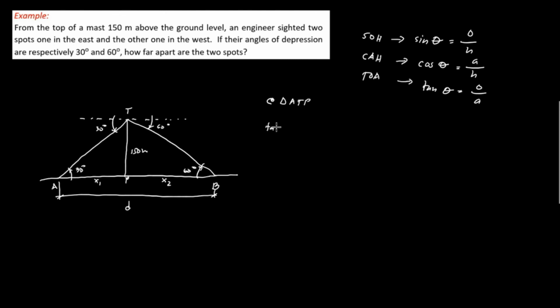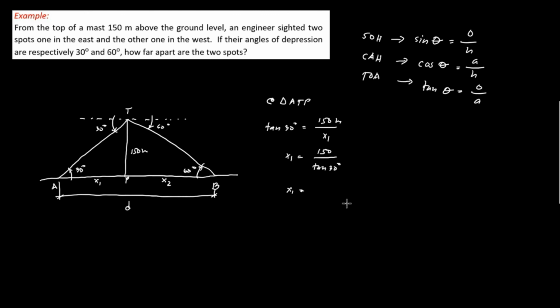Tangent of theta, which is 30 degrees, is equal to the opposite side of 150 meters divided by the adjacent, which is x sub 1, and cross multiply. x sub 1 is equal to 150 all over tangent 30 degrees.